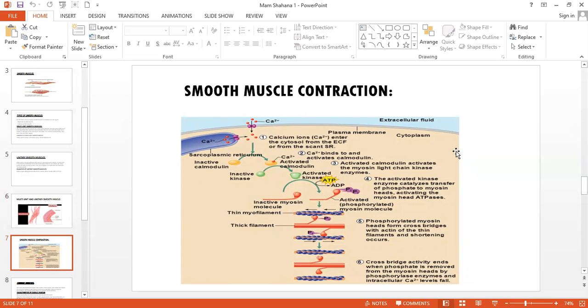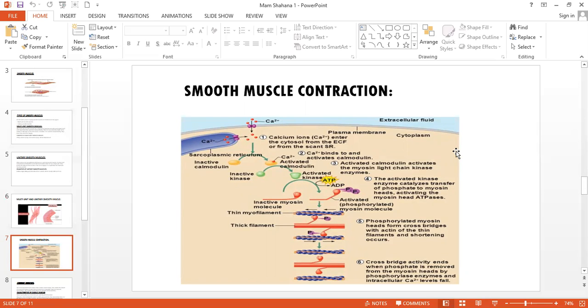The activated calmodulin activates the myosin light chain kinase enzyme. The activated kinase catalyzes the transfer of phosphate to myosin heads, activating the myosin head ATPases. In the next step, phosphorylated myosin heads form cross bridges with actin of the thin filament and shortening occurs.